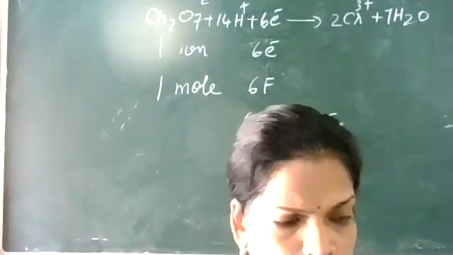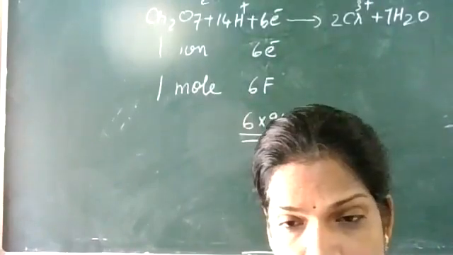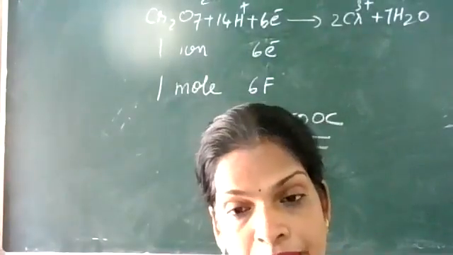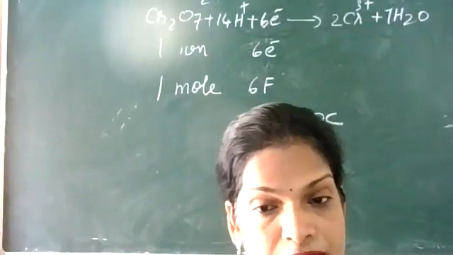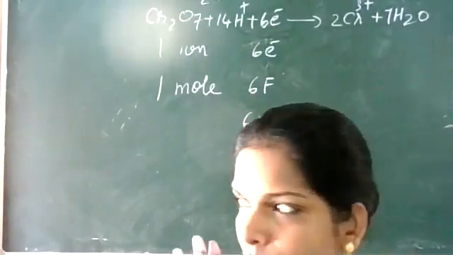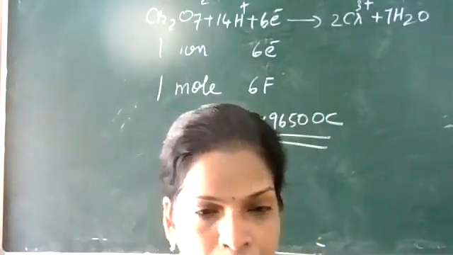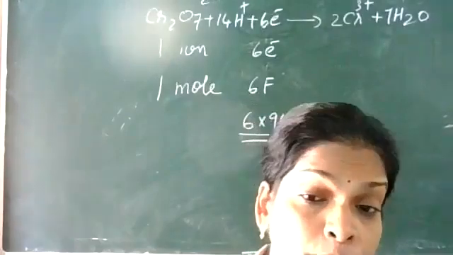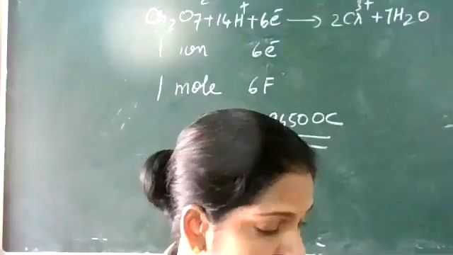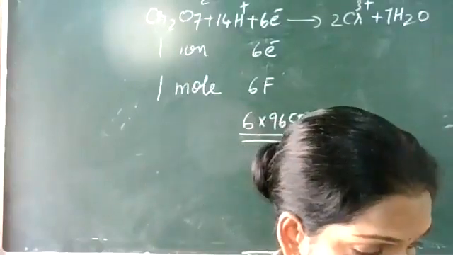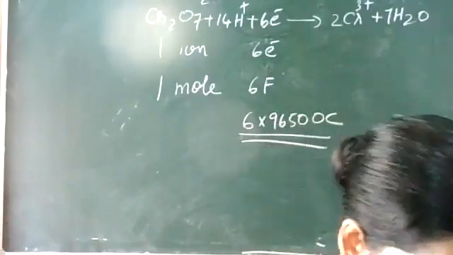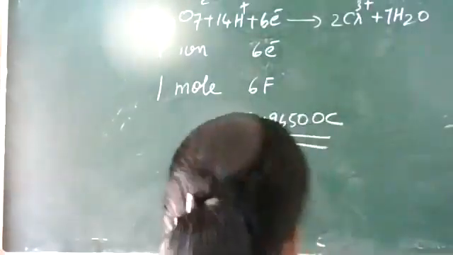Atomic mass of copper, when do we get this? That is 63.5 gram when 2 farads are passed, that means 2 into 96,500 coulombs. Means you have to calculate the amount of copper deposited for 2 into 96,500 coulombs. The amount deposited for 0.75 ampere passed for 25 minutes is given.